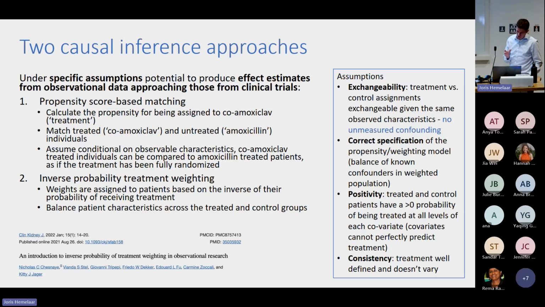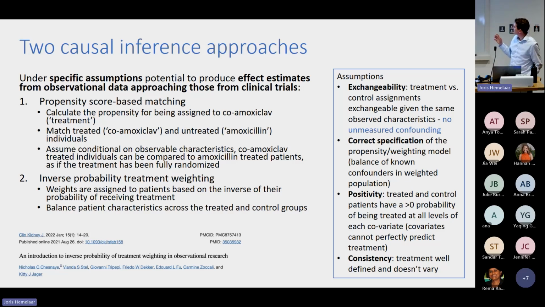Whereas the weighting approach uses the inverse of your probability of receiving co-amoxiclav, for example, to balance patient characteristics across the amoxicillin and co-amoxiclav treated groups. There are varying assumptions, but the main thing I'm going to pull out for you is that for this to work, you need no unmeasured confounding.